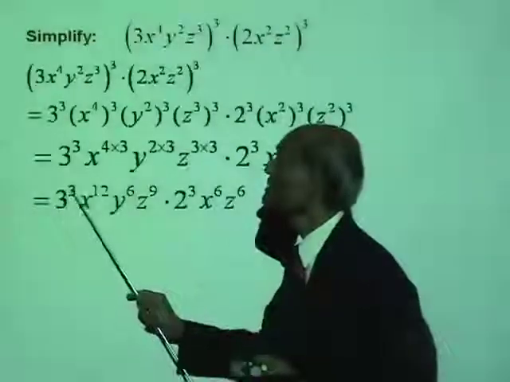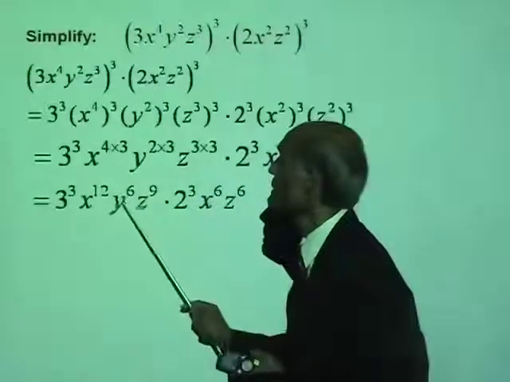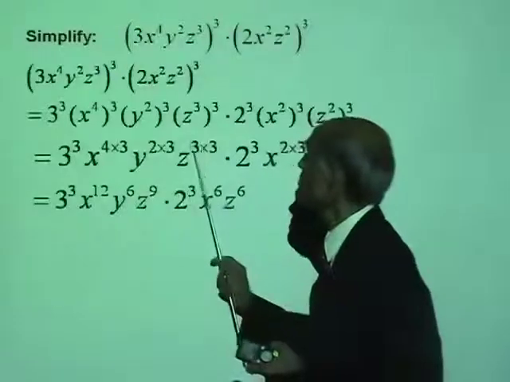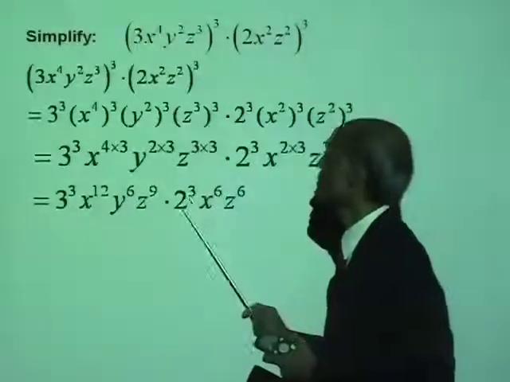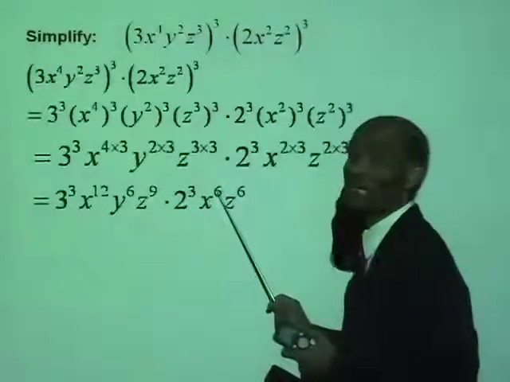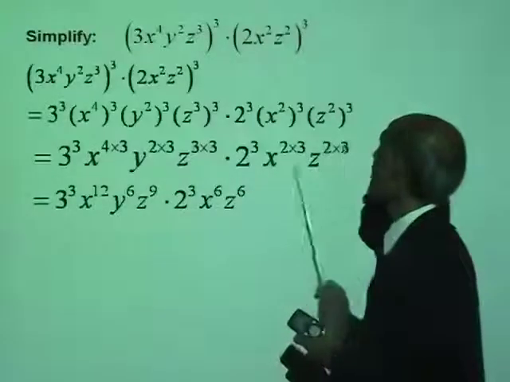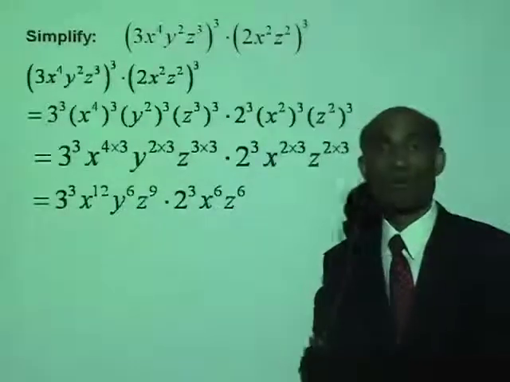That will be 3 to the power of 3 times x to the power of 12, y to the power of 6, z to the power of 9 times 2 cubed, x to the power of 2 times 3 is 6, multiplied by z to the power of 2 times 3 is 6 again. What will be the next step?